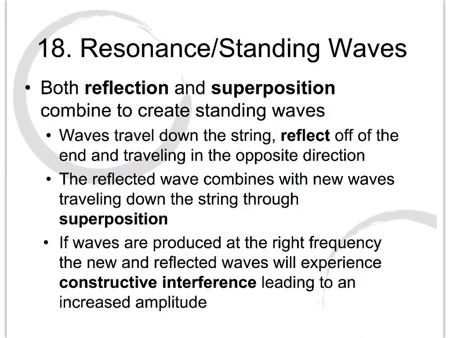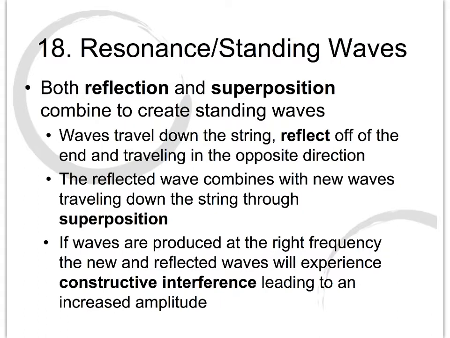The reason why this works is actually a combination of reflection and superposition. So we create waves. Those waves travel down the string and reflect off of the end. That's the first thing that happens: whatever is driving those waves travels down the medium. I'm saying string in this case, but it could be other things. It travels down the medium, reflects off the end, and starts traveling in the opposite direction.